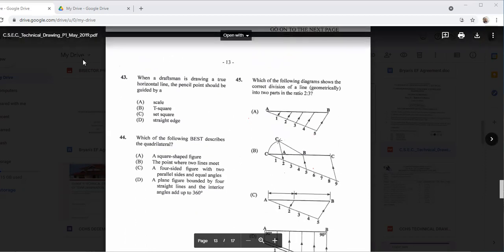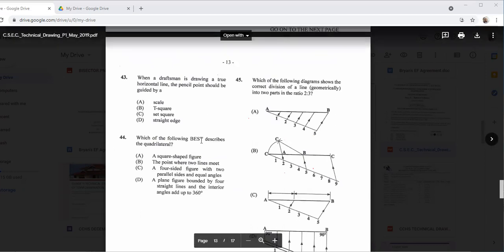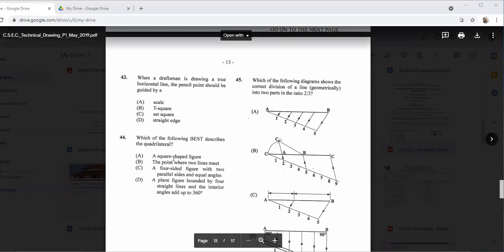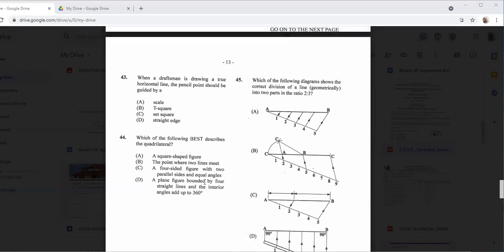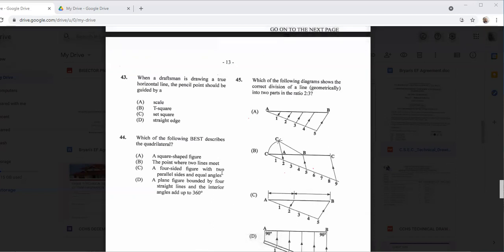43. Sir, B. Yes. 44. Sir, D. Yeah. C, sir.